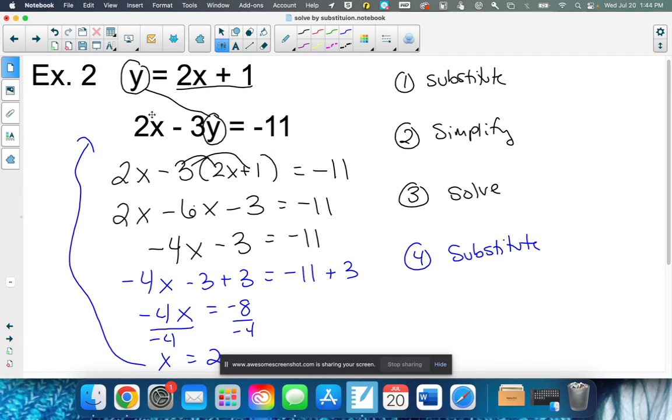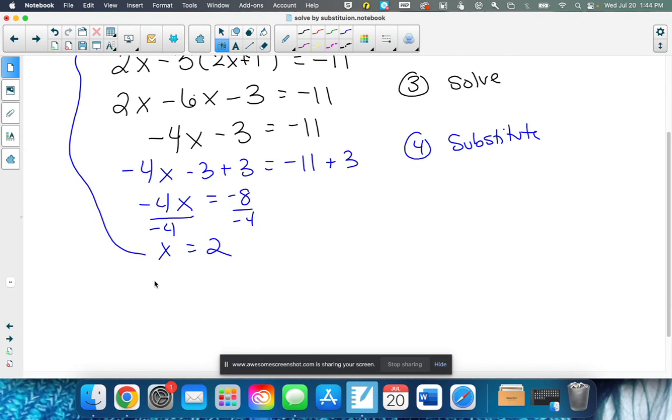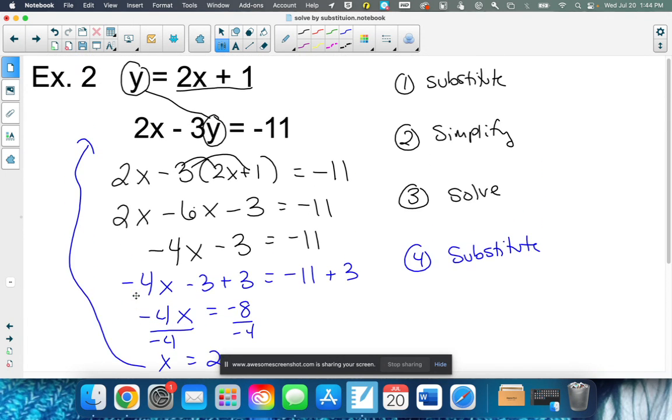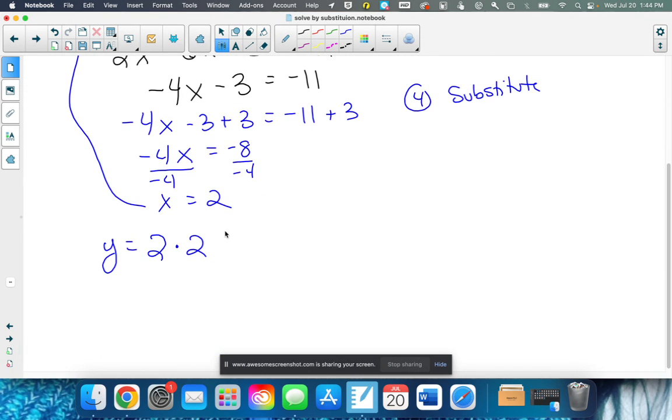Now, is it wrong to put it in the second one? No, it's not. You just have to do a couple of steps to solve. I'm going to use the first one, and that is going to be that y equals 2 times 2 plus 1. So in this case, y is equal to 5.